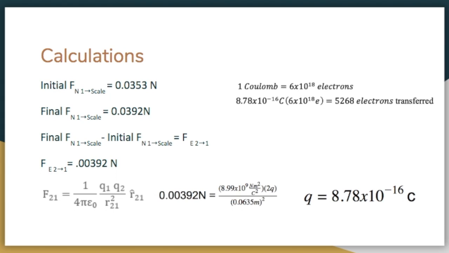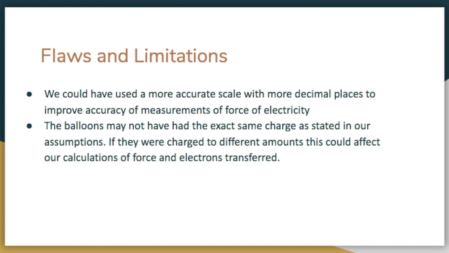Then we used Coulomb's law and that force of electricity value to find the charge of the balloons, which we assume to be equal, at 8.78 times 10 to the negative 16th coulombs. We then used the relationship of 1 coulomb being equal to 6 times 10 to the 18th electrons to find that there were 5,268 electrons transferred in total.